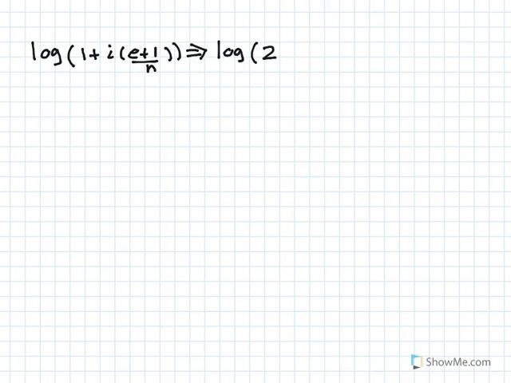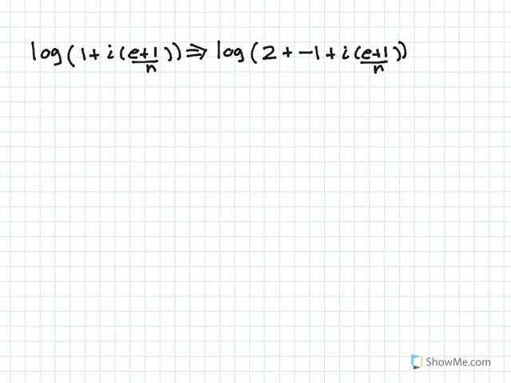So we have to do some algebraic manipulations. Alright, so let's rewrite log of 1 plus i times (e plus 1)/n. We'll rewrite this as log of 2 plus negative 1 plus i times (e plus 1)/n.